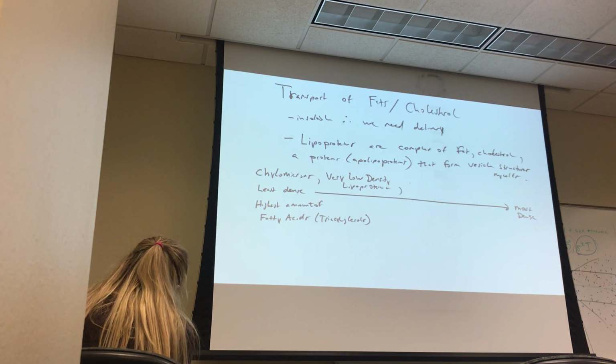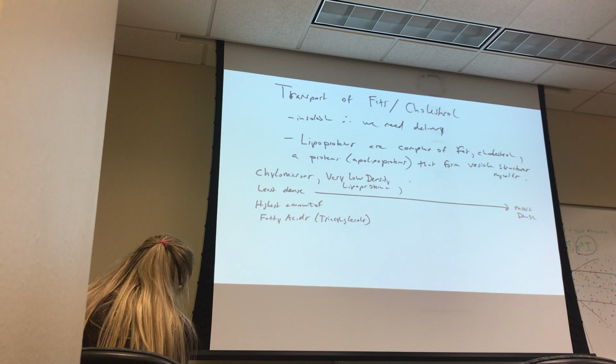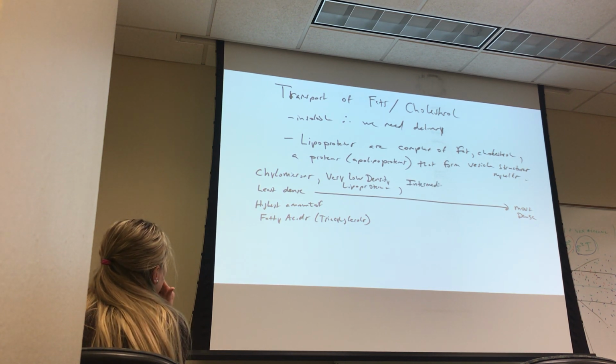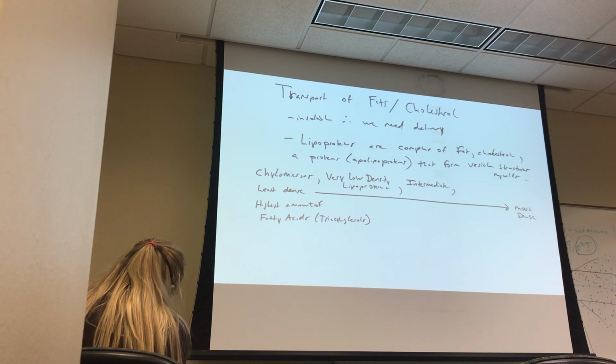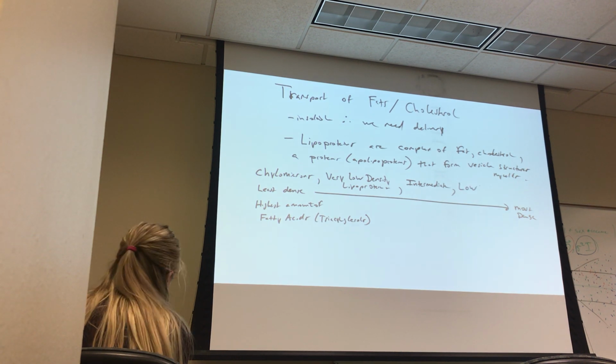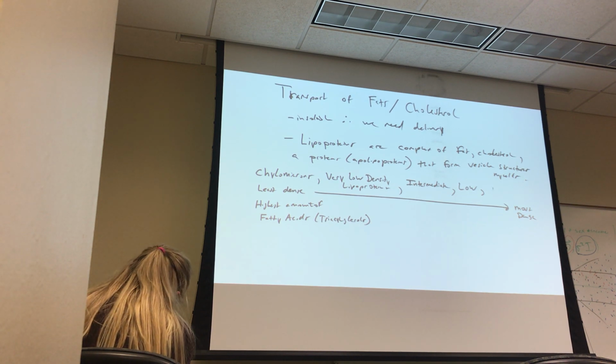So very low, and then what's the next one? Do you know what? VLDL. We just did the VLDL. Oh, IDL. IDL, intermediate, right? Intermediate. Then which one? Everybody loves this one. Low, LDL, low. I'm just gonna put L, low, and then the last one is high, right?